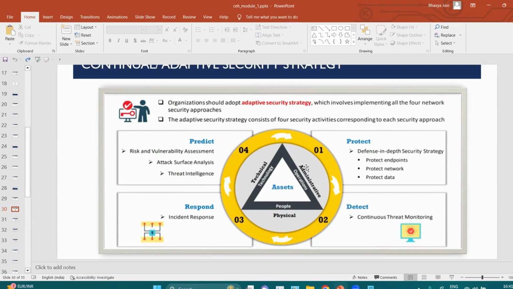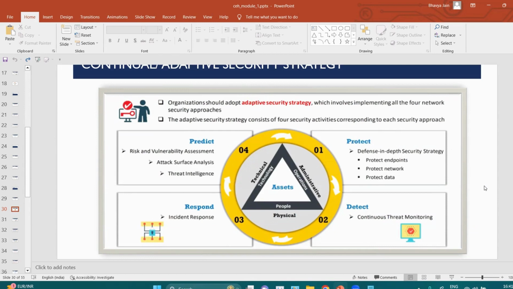Here we have a very popular strategy, which is the defense in depth security strategy. We will discuss this in a while. With the help of this strategy, we can protect the endpoints, the network, and the data.